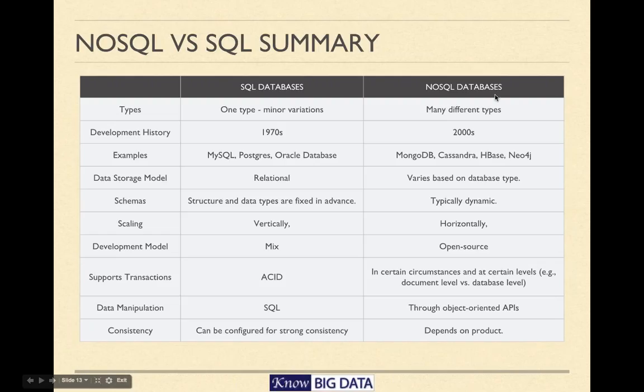Now this is a traditional comparison between NoSQL and SQL. While most SQL databases follow the same standard relational theory, with only minor differences, in NoSQL there are many major differences.